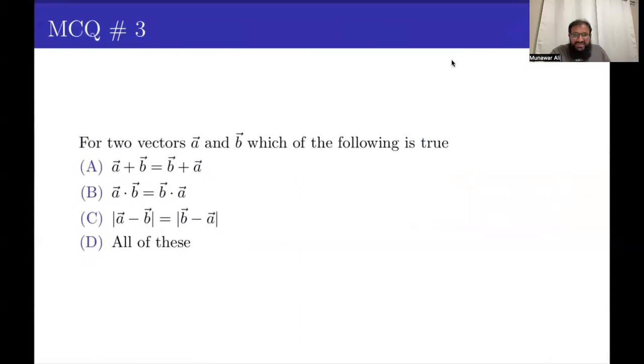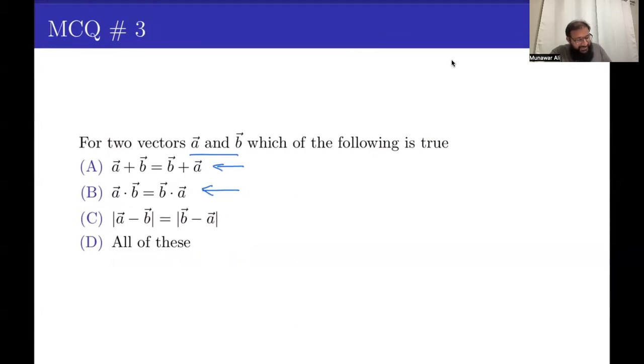The next MCQ is, for 2 vectors A and B, which of the following is true? The sum of A and B is the same as the sum of B and A. This is simply the commutative property of addition. This is the commutative property of the dot product.